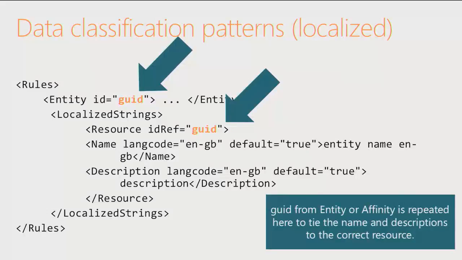So if you had, let's say, a different set of keywords in one country from a different country, you'd have to define both. What you might do is say, these are the keywords that only turn up in France. So you might say French default true, because it's only ever really going to turn up in France. And then in a different XML file, or maybe the same XML file, you define the pattern you already have in Germany, and you might say language code is German, default is true.